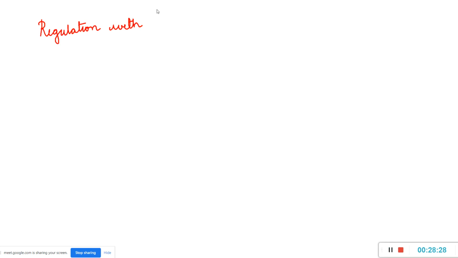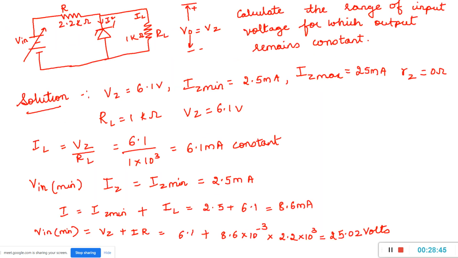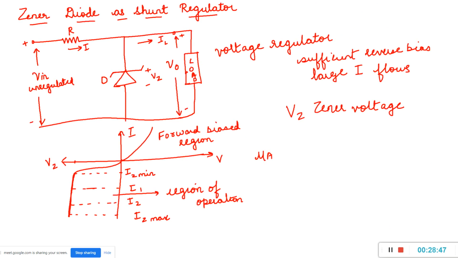Regulation with the varying load. Take down, all of you. Regulation with the varying load. Now what happens, earlier, okay, I'll go to the previous slide. Here what did we do?